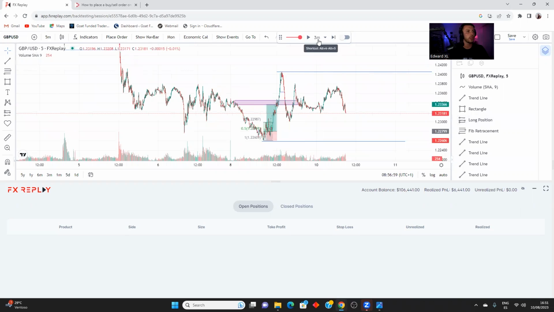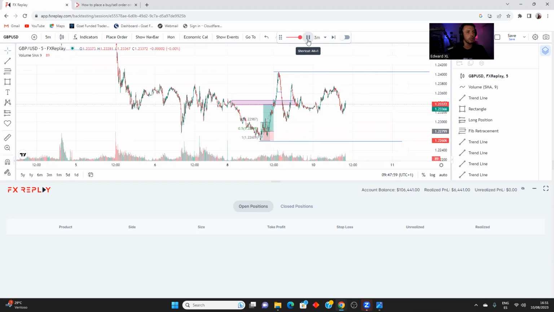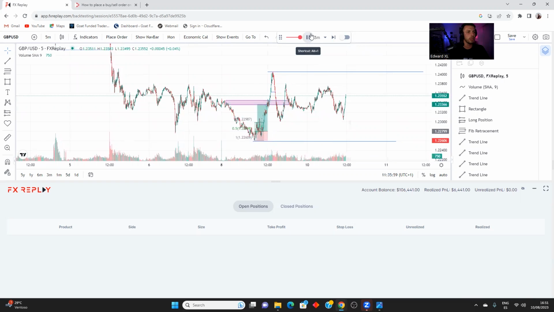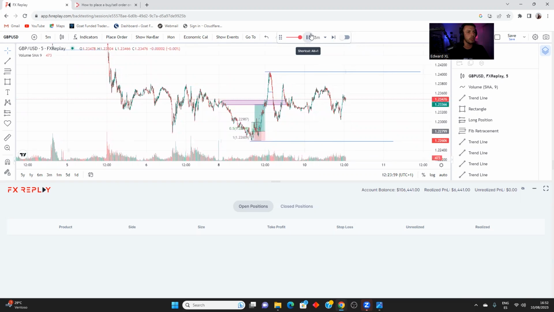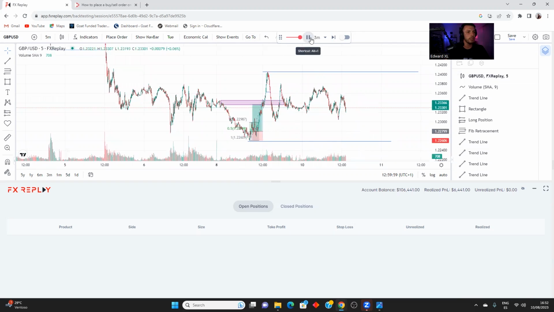Still, we have our 2 liquidity areas that we want to see grabbed. No, it's not. Let's see if now the New York session starts at 1 p.m., we can have a nice push to the upside or downside in order to have a trade.